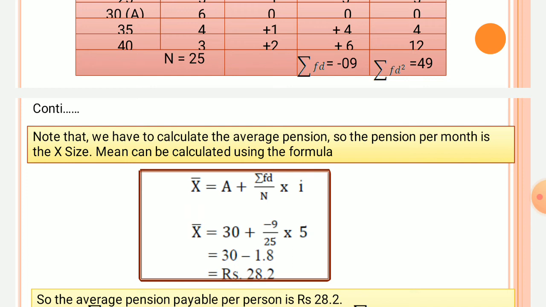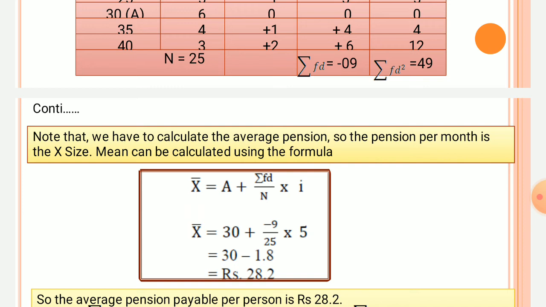So 30 plus minus 9 times 5, 45, divided by 25, we get minus 1.8. Then by simplifying we get x bar is equal to 28.2.